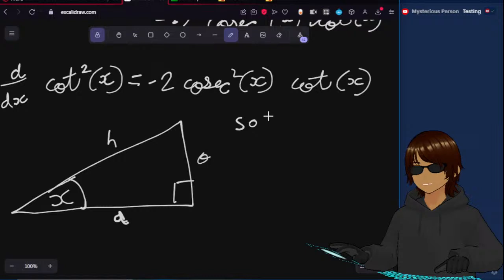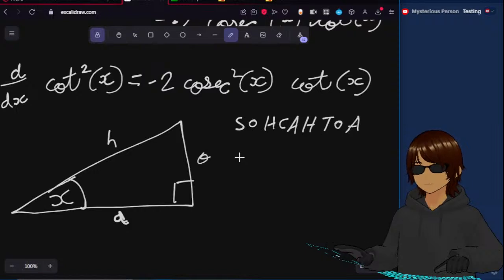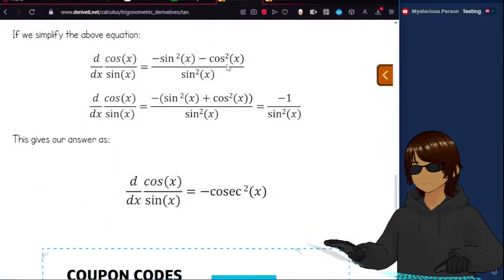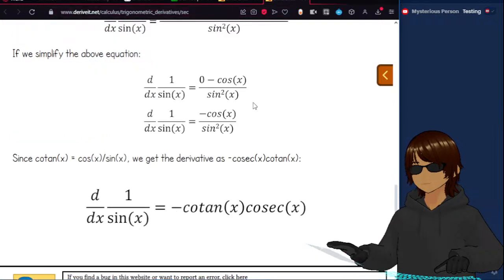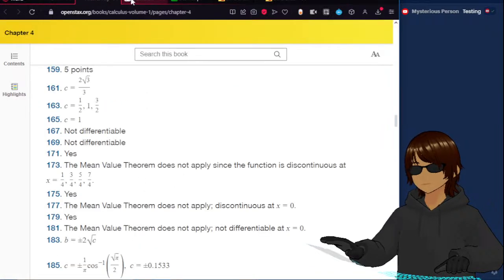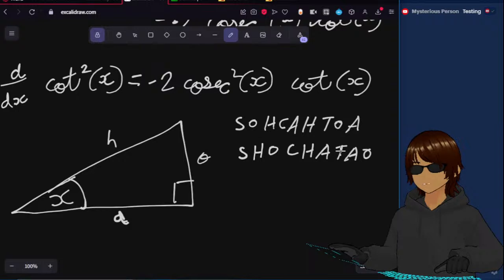I keep forgetting. So cotangent is adjacent.